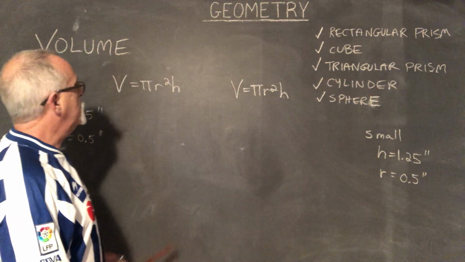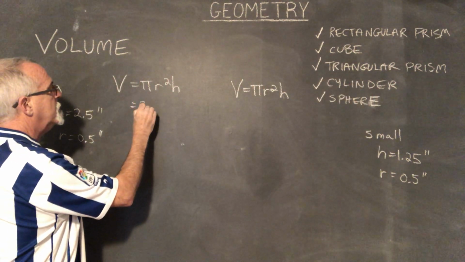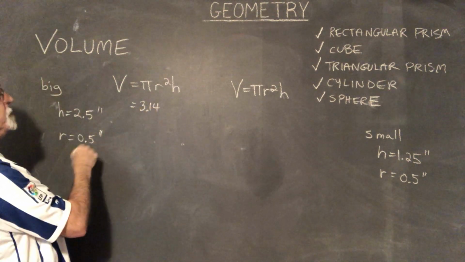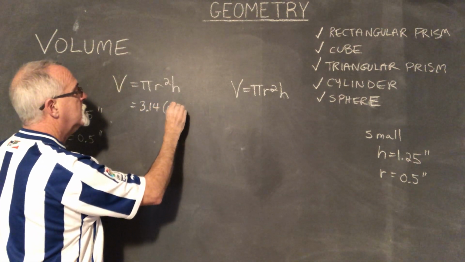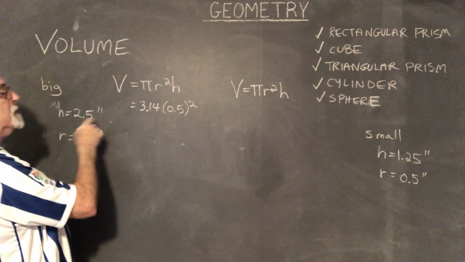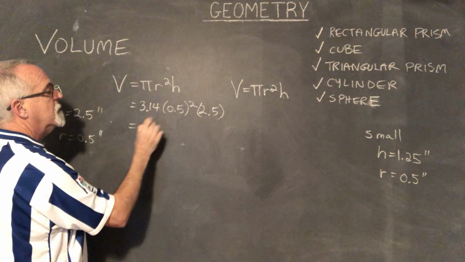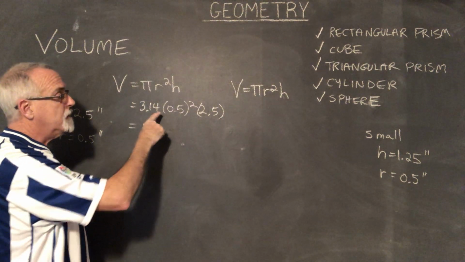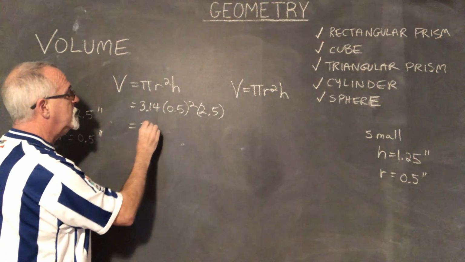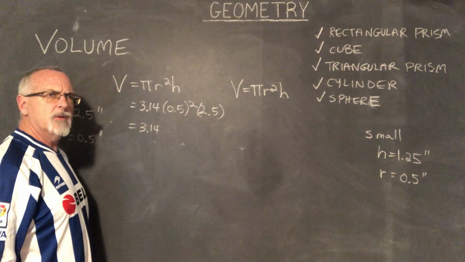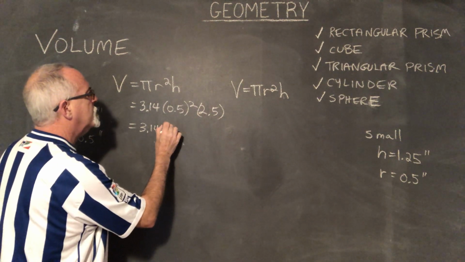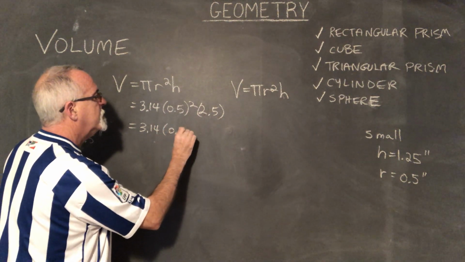Okay, so let's do the volume formulas. Pi times 0.5 squared times 2.5. I want to do 0.5 squared first, order of operations. A 1/2 squared is a 1/4, so 0.5 squared is 0.25.